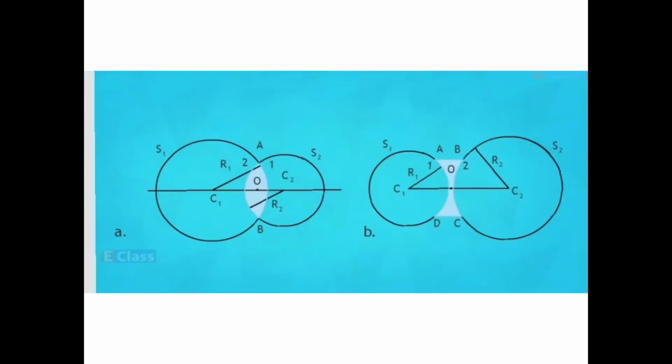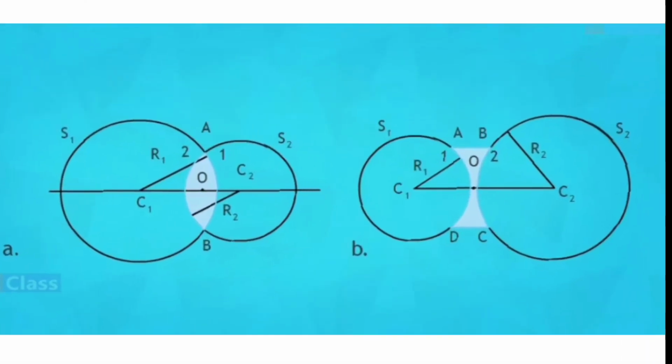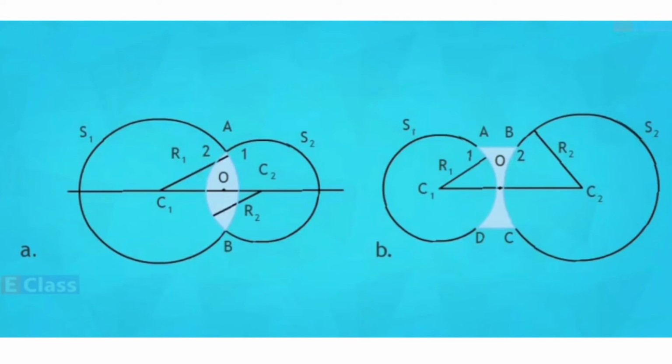Children, the cross section of the convex lens and concave lens you can understand by taking the sphere into consideration. So here I have this and you can see this part. See, this is the cross section part, right?